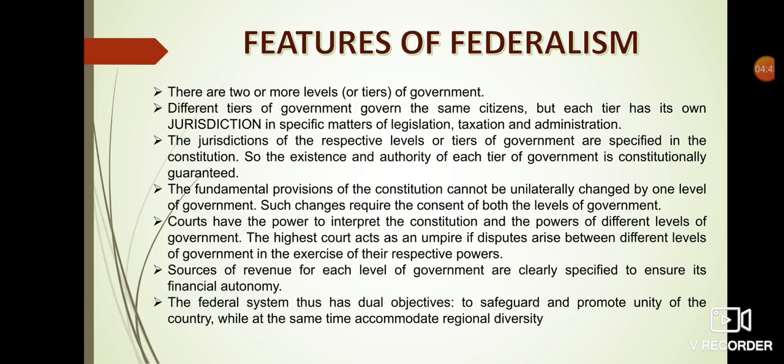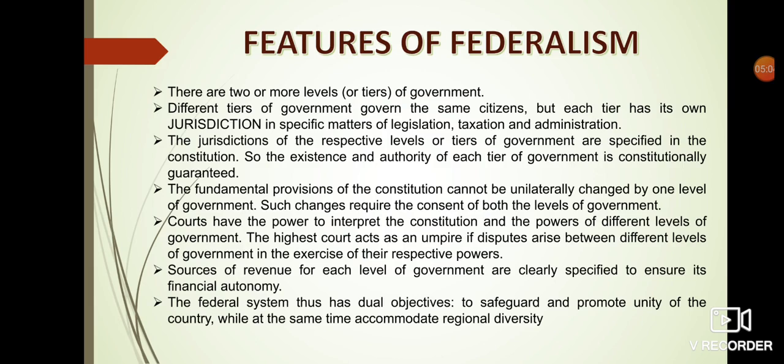The fundamental provisions of the Constitution cannot be unilaterally changed by one level of government, and such changes require the consent of both levels of government. Here, both levels of government means the central as well as the state government.